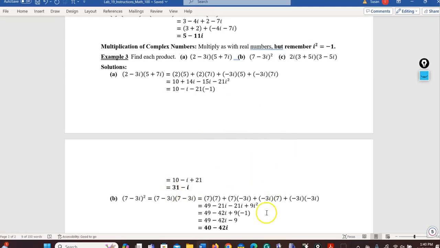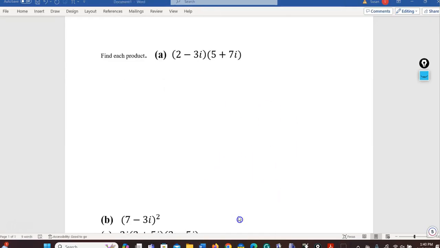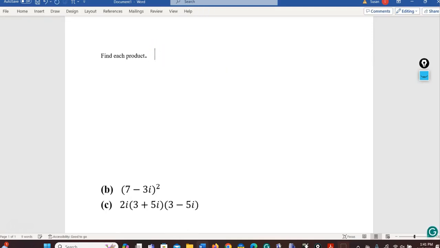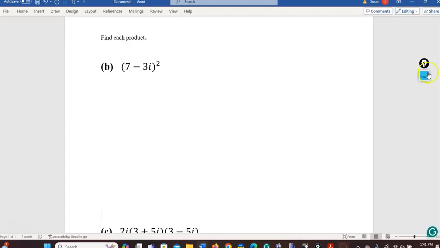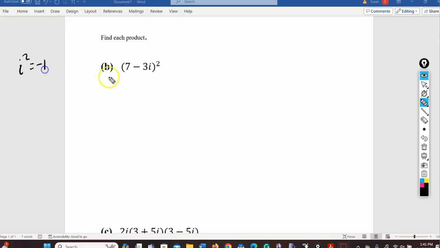Now let's look at the second one. All right, so this one can go. And let's look at this one. All right, now again, we want to remember that i squared is negative 1.